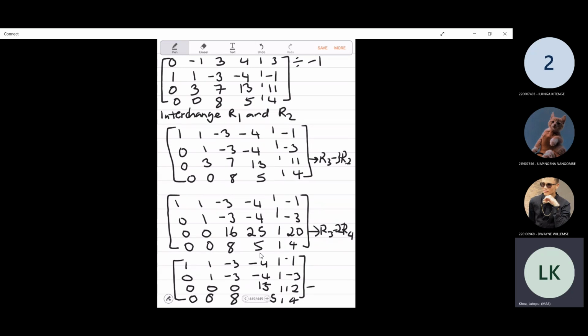So this row will divide it by 15, and then the last one we will divide it by 8, and here we can also say row 2 minus row 1. Row 1 minus row 2.